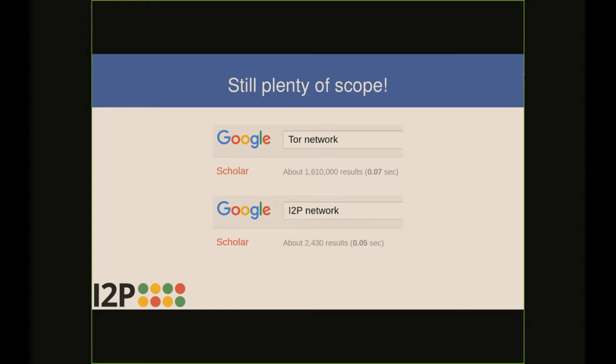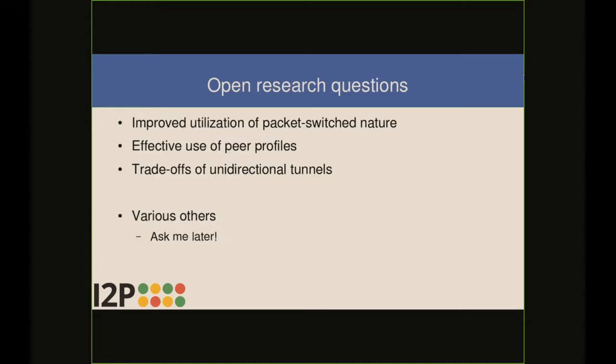But there is still plenty of scope for research available. For the most part, the amount of existing work is indicative of the fact that there's a lot of scope available here.